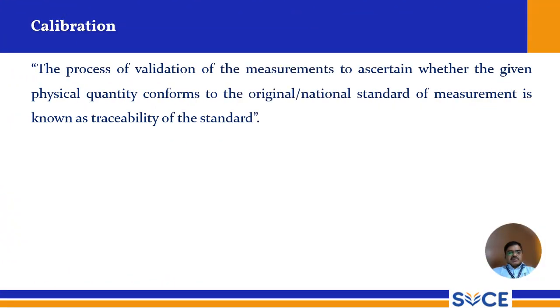So calibration is the process of validation of measurements to ascertain whether the given physical quantity conforms to the original or national standard of measurement, which is known as traceability of the standard.